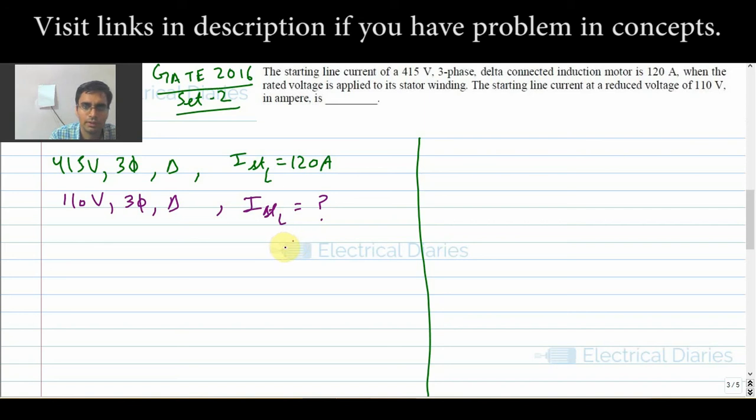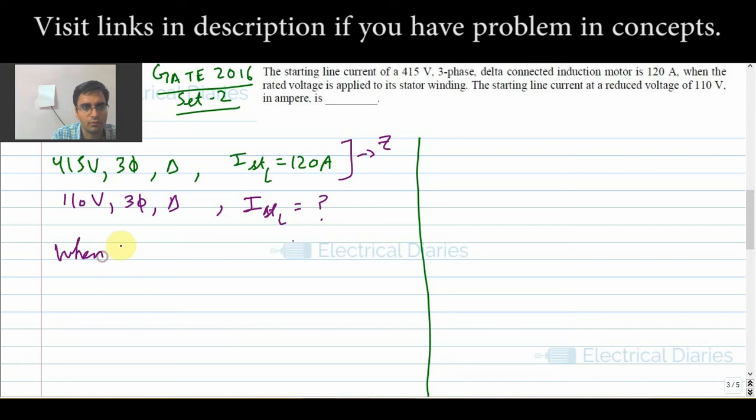I don't think you need any concept of machines. It is a simple electric circuit question, because using this data we will calculate the impedance of the motor, and then we can easily find the starting line current. But you have to remember a few things about delta and line quantities.